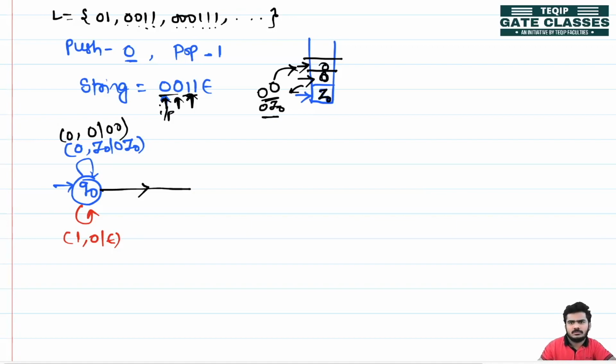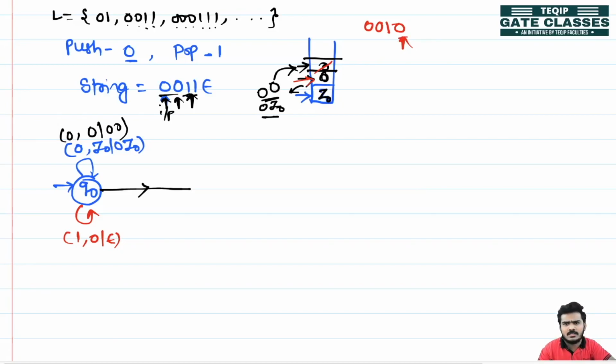So the string I am now reading is 0 0 1 and epsilon. Because I have to pop, I pop this 0. Now the top of the stack becomes 0, and after that suppose again 1 0 came, so I am reading from here. So 0 is the input and the top of the stack becomes 0.